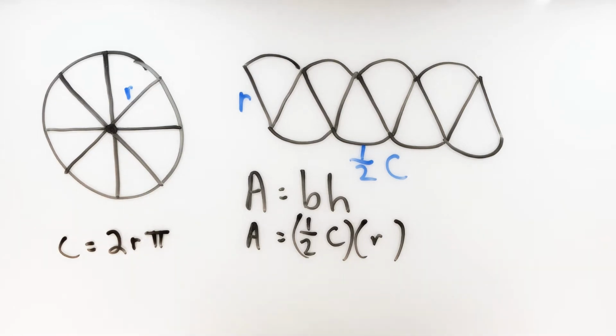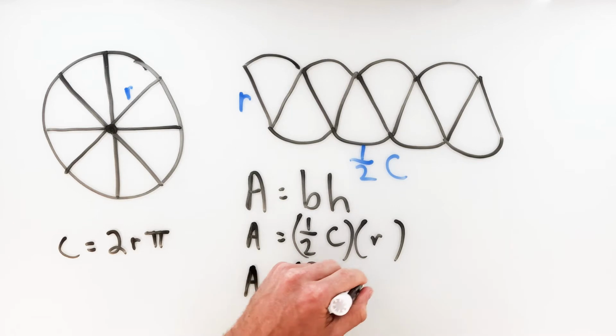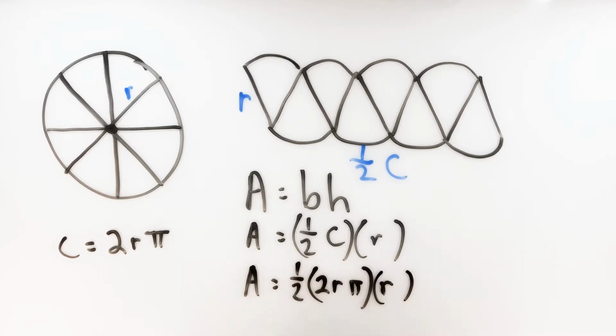So if I write that here, half of the circumference, or 2r times pi, times the other radius, I can see that things start to work out here.